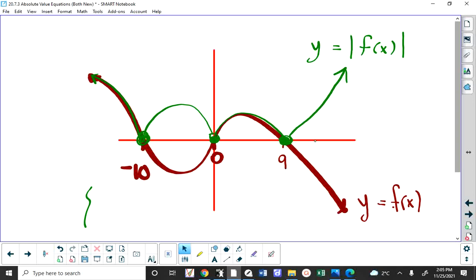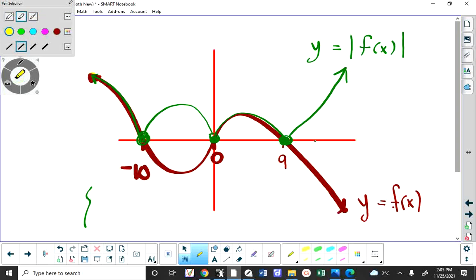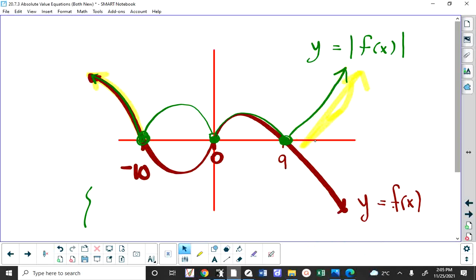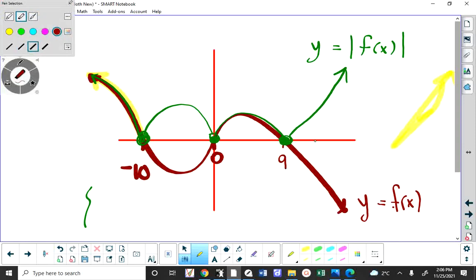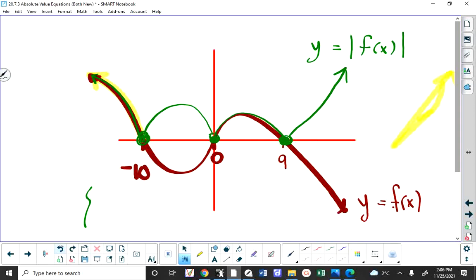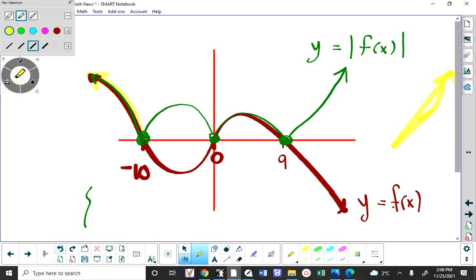Okay. Well, what you need to understand is that I'm going to have a whole bunch of colors here, so I'll use highlighters this time. That yellow highlighted portion and this yellow highlighted portion, and this yellow highlighted portion are on the original graph, right?